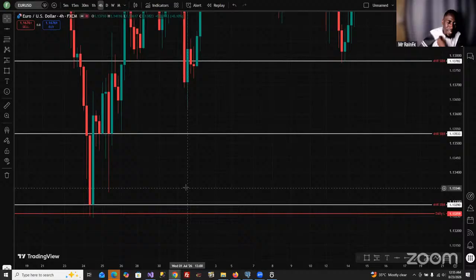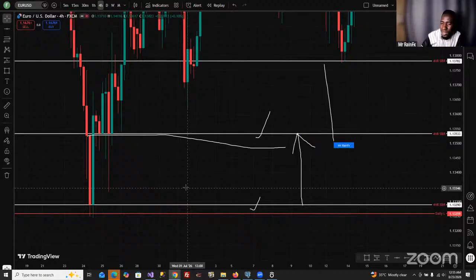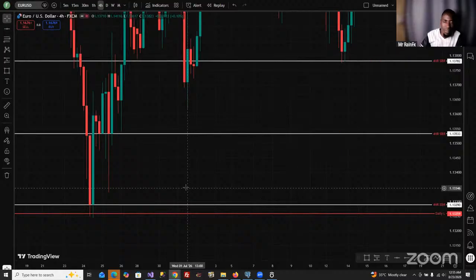That was a base area, and this one was a demand zone. Do you see this? This was a very big demand zone from here to here. So there was a lot of buying pressure from this point. That's why you see that candle just come and touch this line and push up.